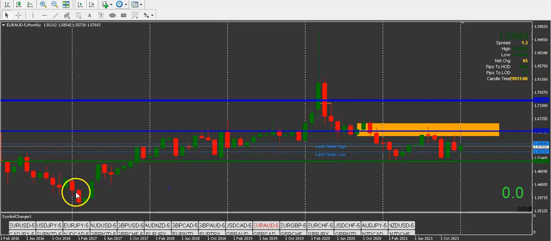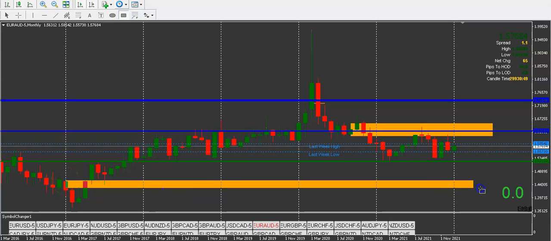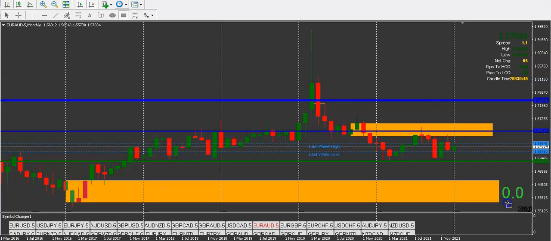This appears to be the start of this move here. So I'm going to drop a line on the body of this one.